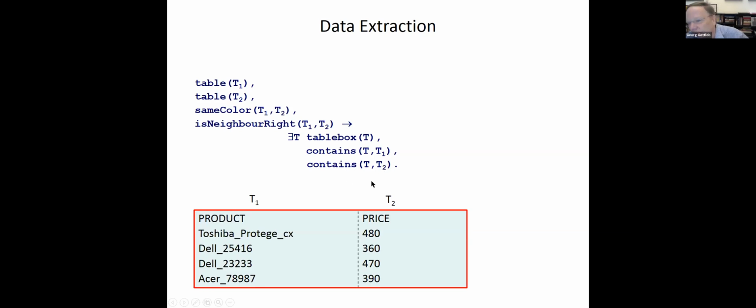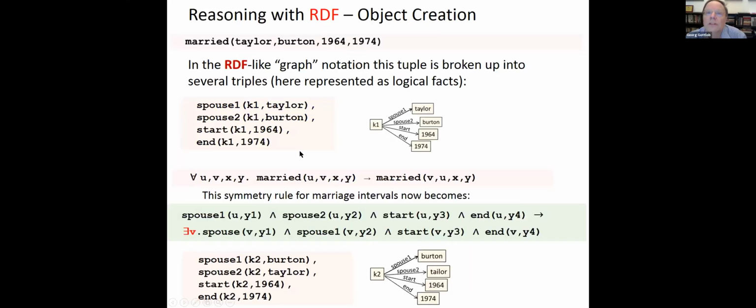And then you could write more things; this is just an example. But as you see, very often if we analyze things, we have to create new concepts, new objects. This new object that instantiates this concept table box is indicated here through an existential quantifier.